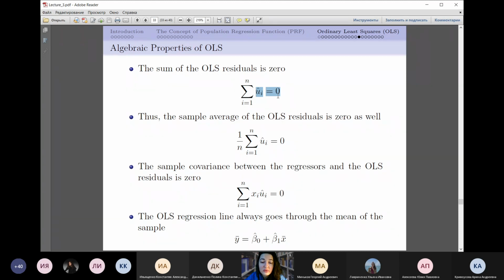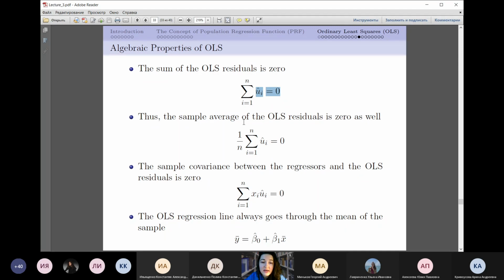Or in other words, we can say that estimates beta 0 and beta 1 are chosen in such a way that they make our residuals sum up to 0 for any data set. And of course, the residuals of some particular observations could be not equal to 0. But if we sum up all of them, they should equal 0.